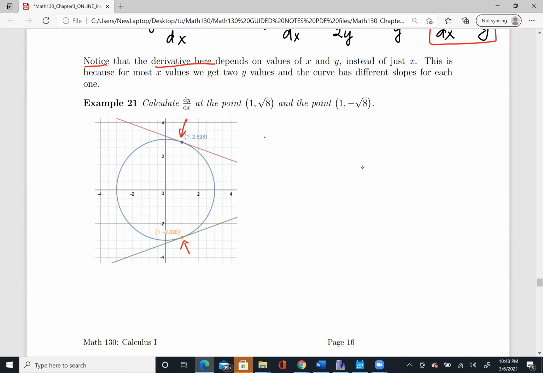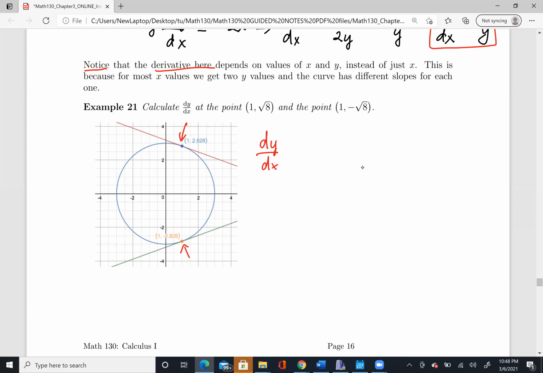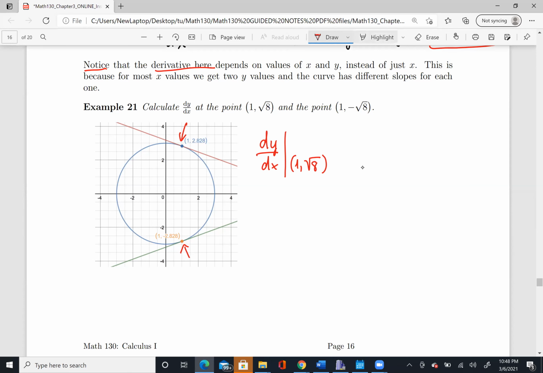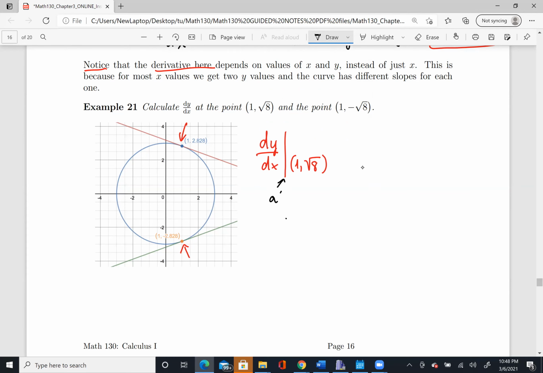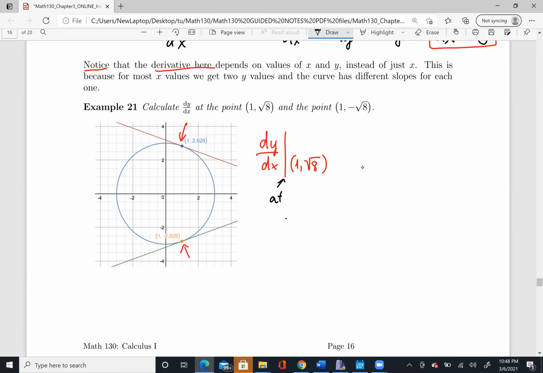Firstly, we need to write dy dx at (1, square root of 8). Remember that this notation means at the point x comma y over here, okay? And it's going to be equal to what?